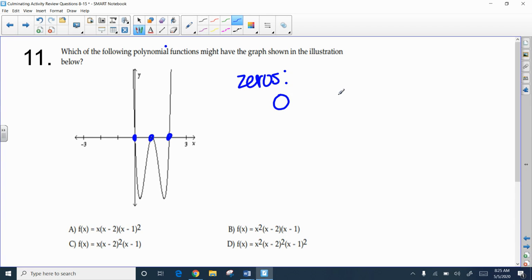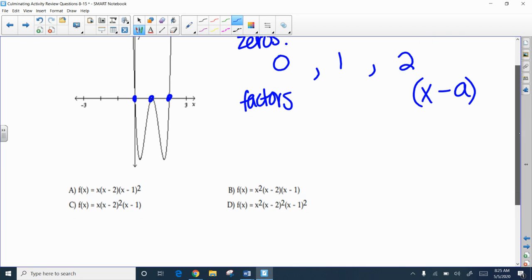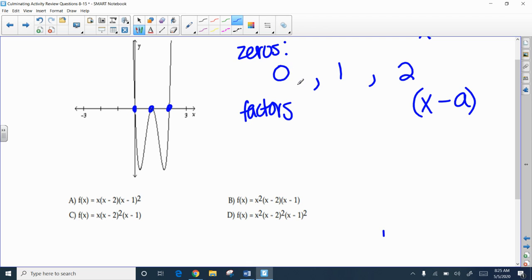0, 1, and 2. Hopefully we remember that zeros are in the form x equals a, and we can use that to find factors, which are in the form x minus a. So our factors using these 3 zeros would be x minus 0, x minus 1, and x minus 2.